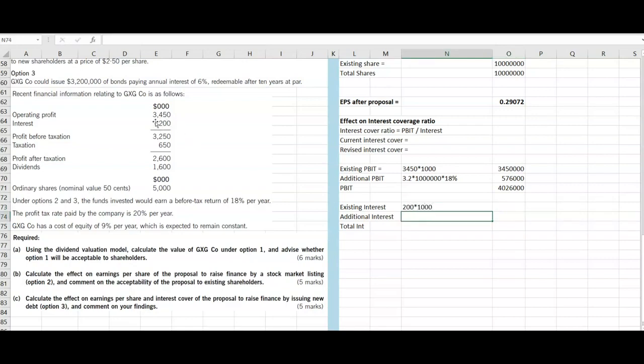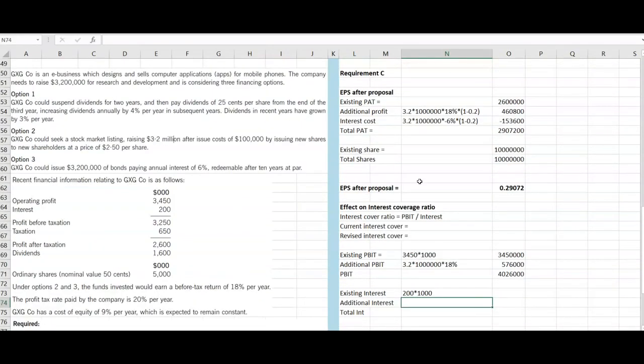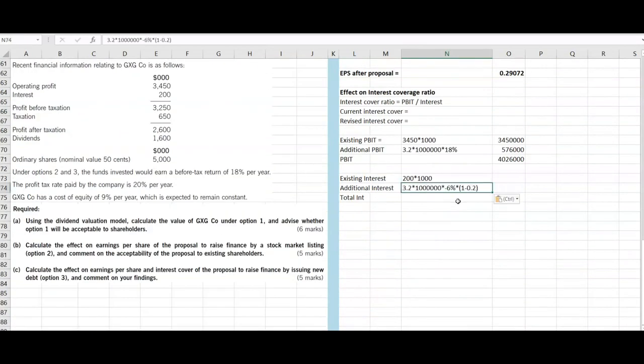So that number is here. 200 is already here. Additional interest, we have to find out what it is. So we already have worked out in the above. So we'll take that number and we can quickly do it. So the additional interest would be without tax. We should not take the tax element, and we don't need to have it as a minus number. So we can quickly work it out.